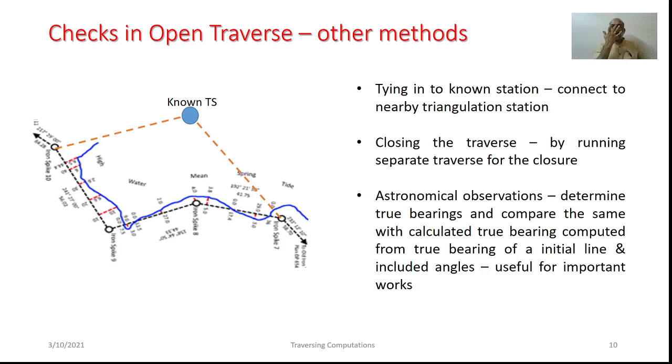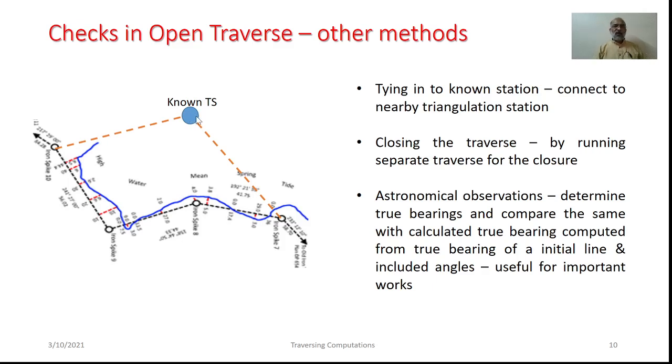In addition, if we are working on a traverse AB, BC, CD, we can tie this open traverse with a certain known tie station. Here, it could be a triangulation station. Having that triangulation station, we know its coordinates.